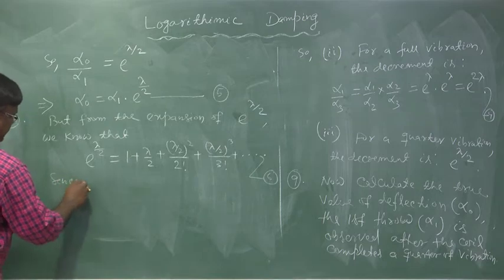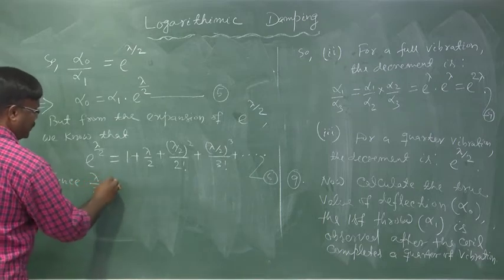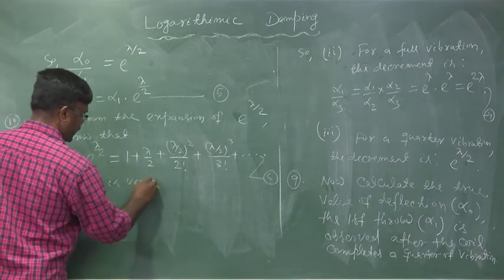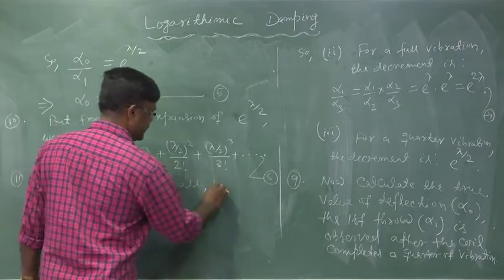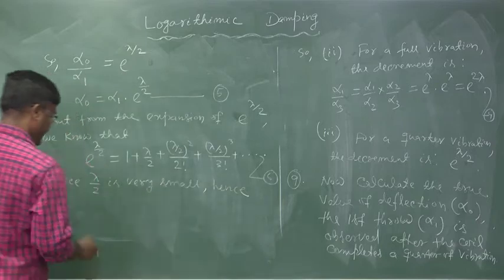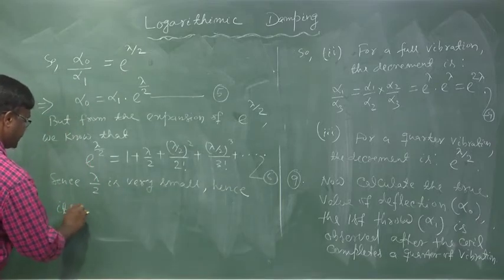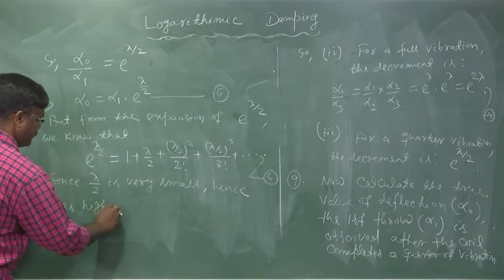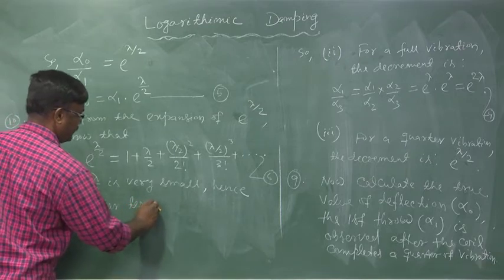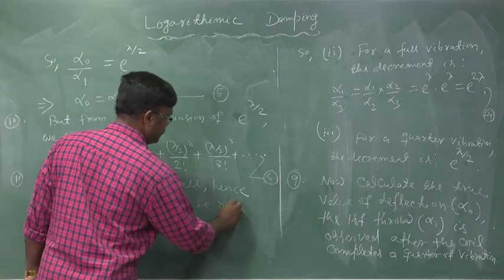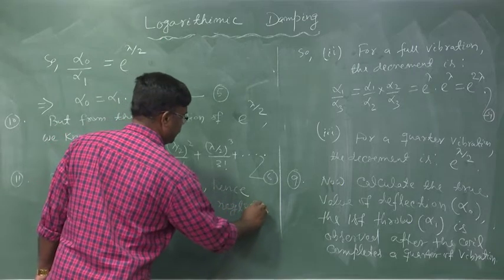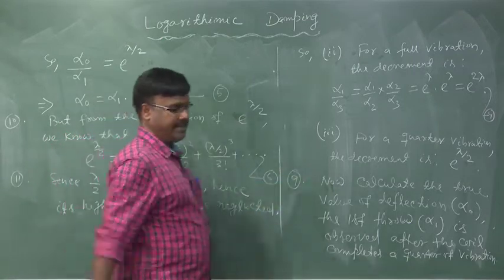Since lambda by 2 is very small, hence its higher terms can be neglected.